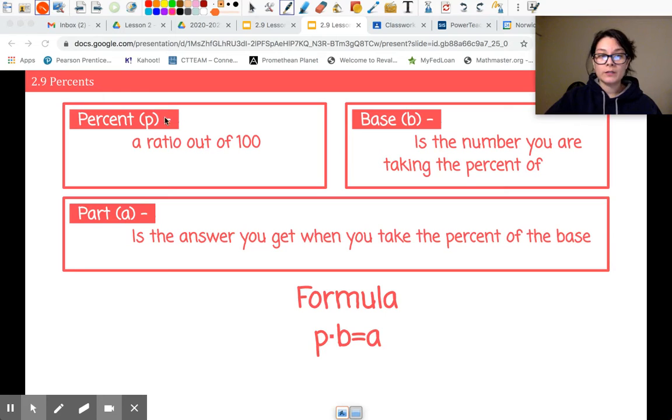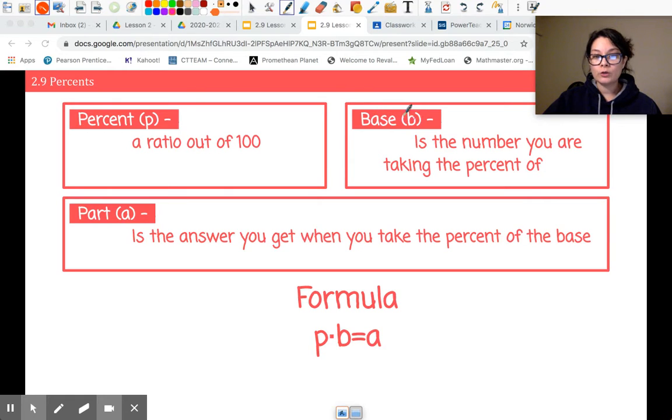For our lesson, we're just going to be using the variables P, B, and A. It doesn't really matter what variables you use. Variables are arbitrary, so long as we know what they represent. If we're using P, that represents the percent. And remember that a percent is a ratio out of 100.